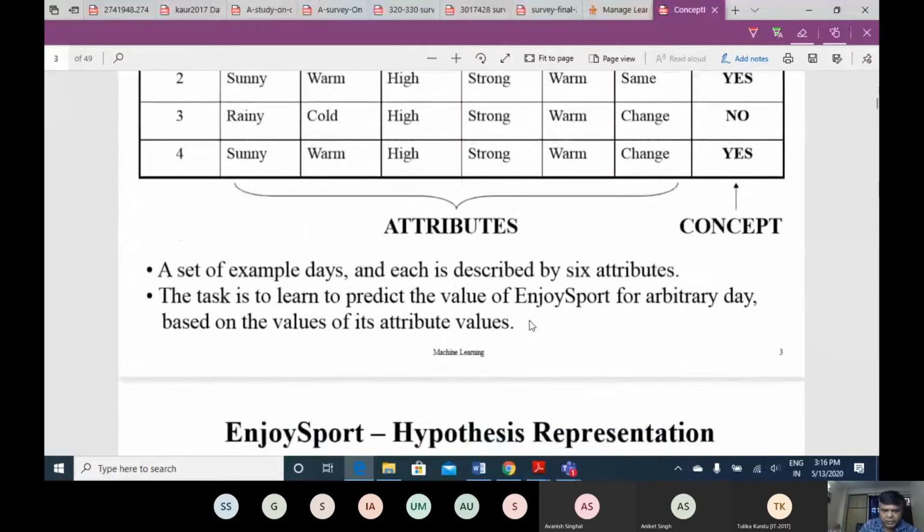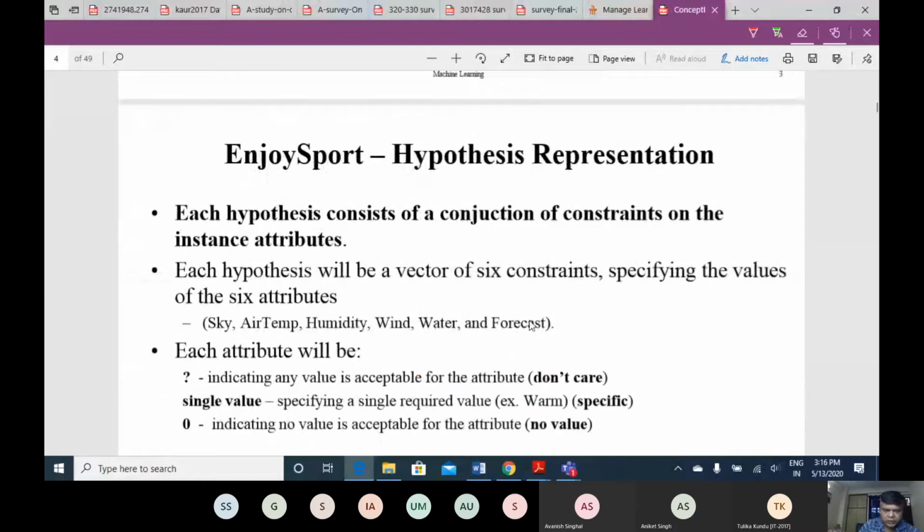Suppose we are representing the values of each feature in a set-like format. Here the first value corresponds to the feature sky, the second value corresponds to the feature air temperature, the third value corresponds to the feature humidity, and so on.